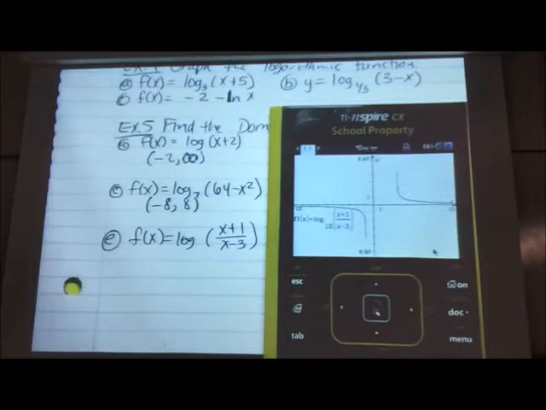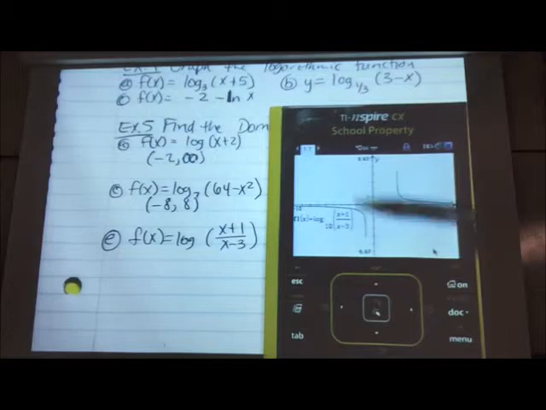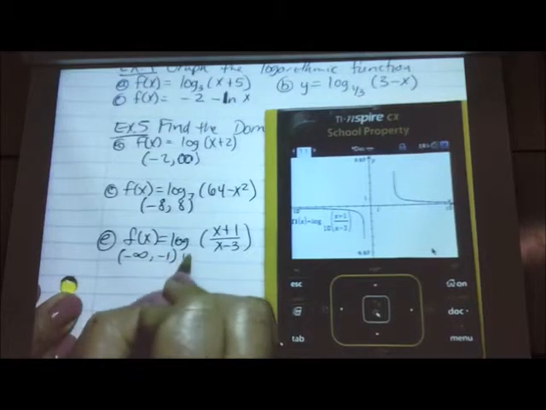When it splits into 2, my domain is going to have what in between? The union. It's coming in from negative infinity and it stops at negative 1. So it's negative infinity to negative 1, union.